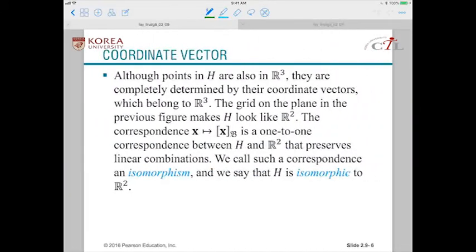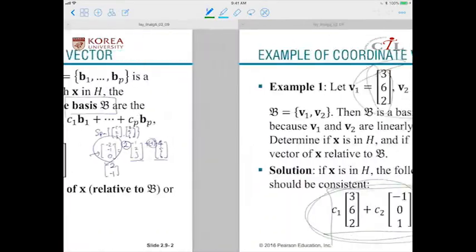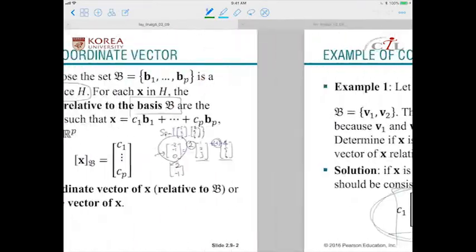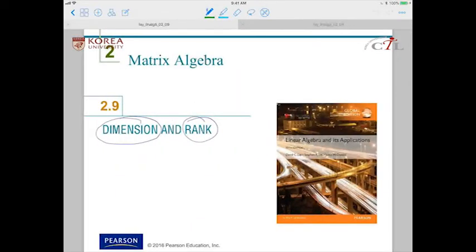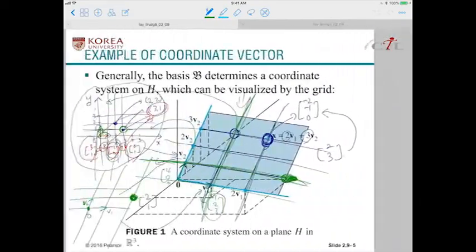And then the next slide is talking about this isomorphism. Honestly, I don't have much insight about what this means, but it's talking about a mapping.